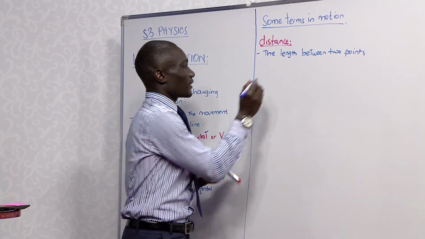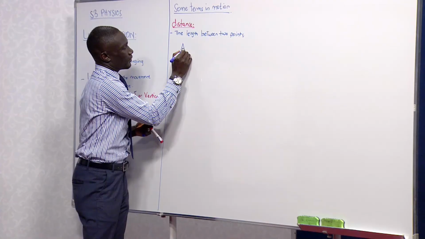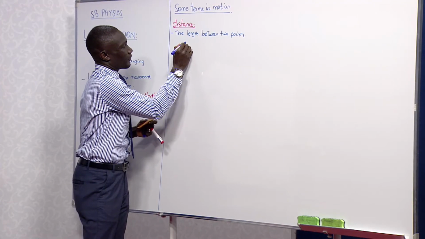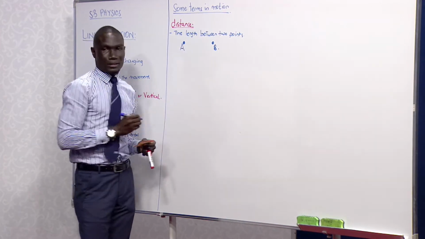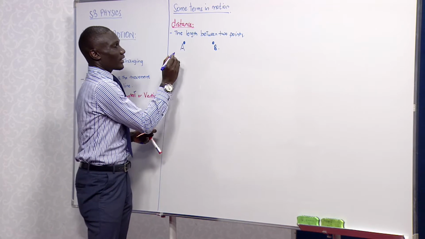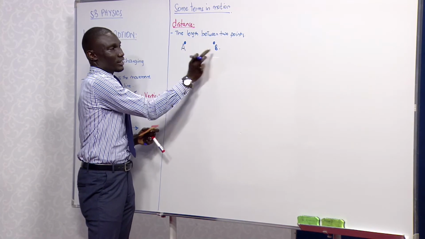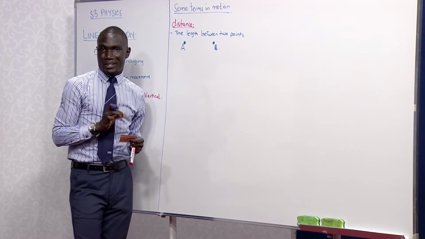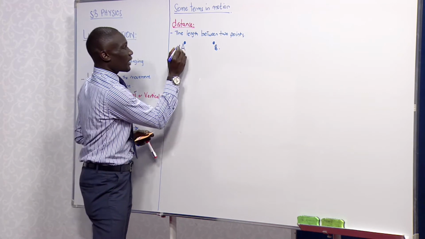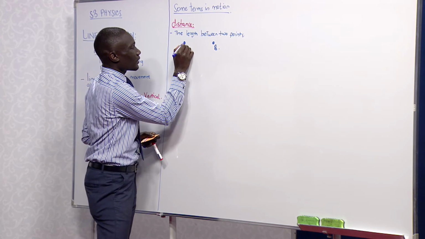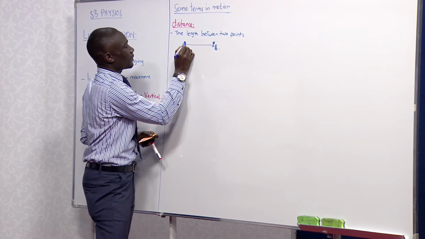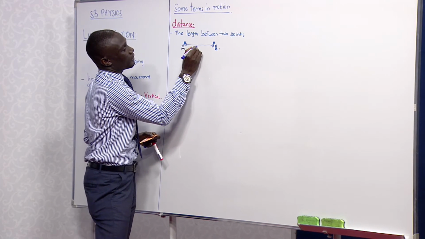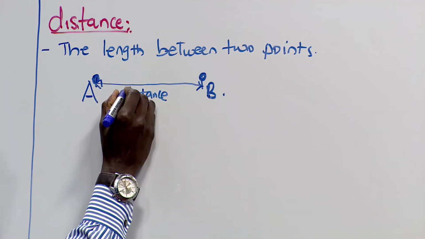And really, this definition is self-explanatory. If we have a point A here, okay, this is point A, then we have another point B somewhere there, okay? So we are saying the length between this point A and the other point B is what we call distance. So if we measured from here up to that point, this is what we call distance, okay?